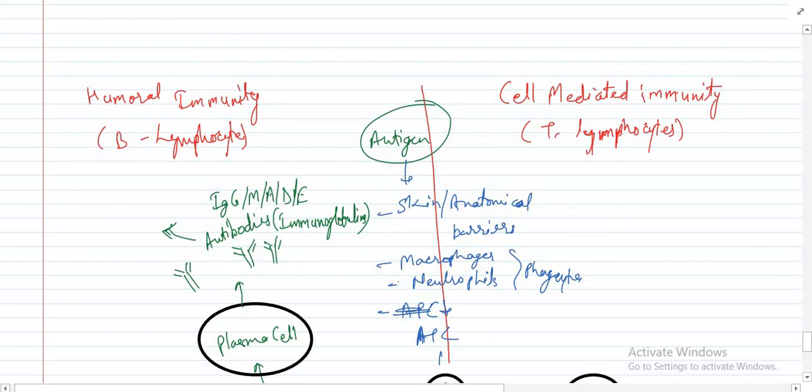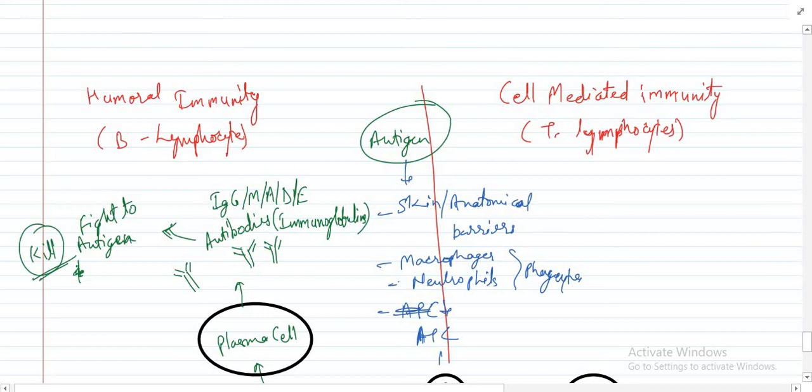So these antibodies will fight the antigen and finally kill them.